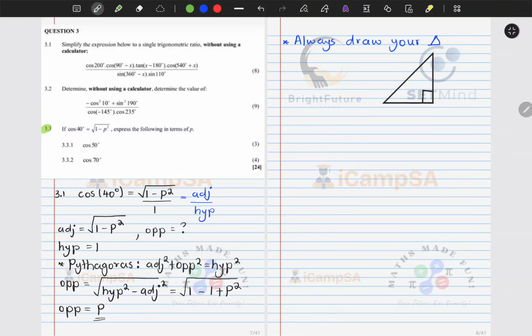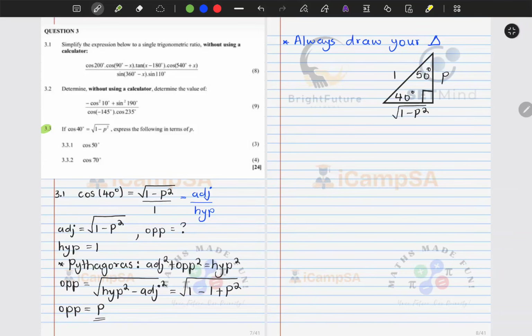Then what you will see is we'll have 40 degrees. Then the other angle should obviously be 50 degrees. Okay, so with 40 degrees, remember our adjacent. So our adjacent should be here, square root of 1 minus p squared. Then we have 1. Then our opposite, which is found to be p.